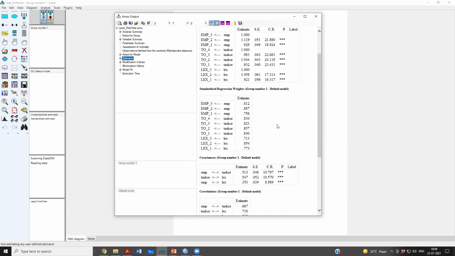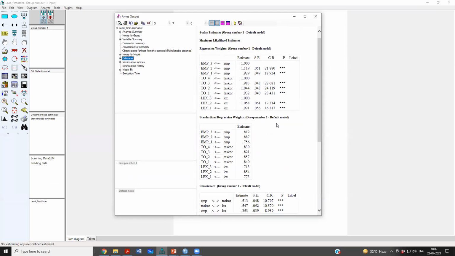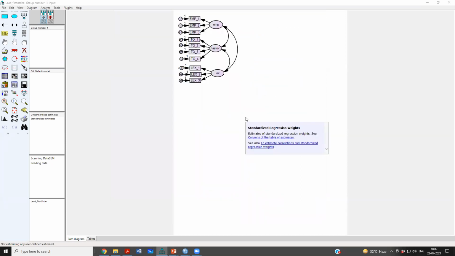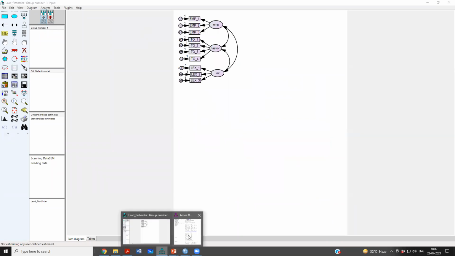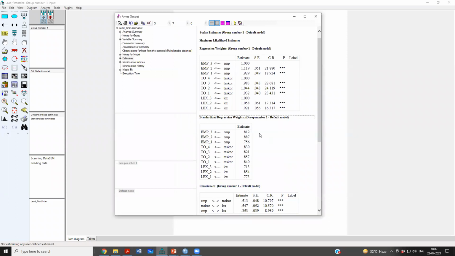So these estimates are factor loadings themselves. So the standardized regression weight that you will see is your factor loading. And we need to report it for all items. Yes, you will obviously report it for all the items in your model.